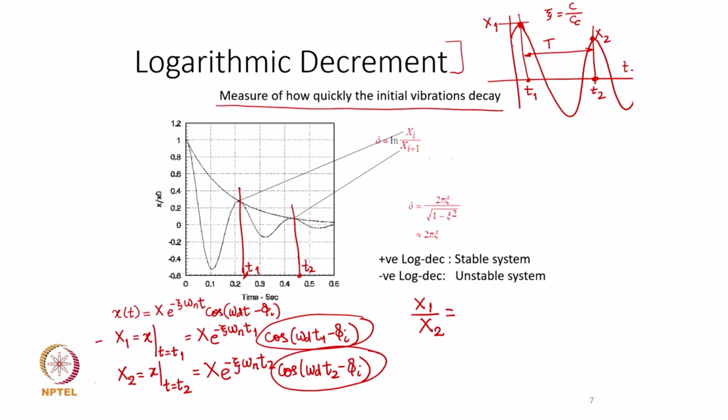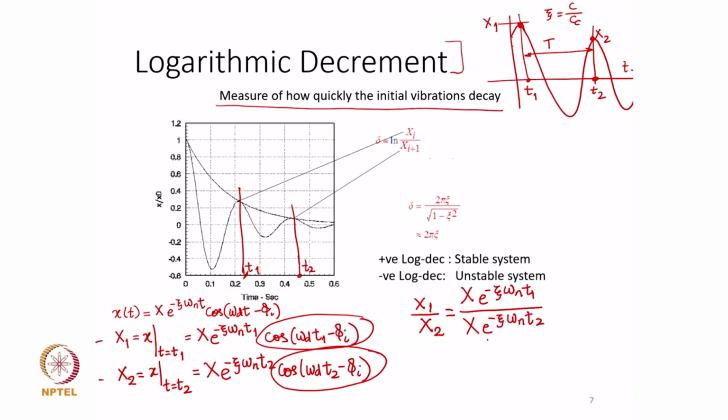If you just check these two equations, it is going to be capital X e to the power minus zeta omega n t1, and these cos terms I will now ignore. I mean, they will be identical in value, so I can cancel them out. In fact, X also cancels out, minus zeta omega n t2.